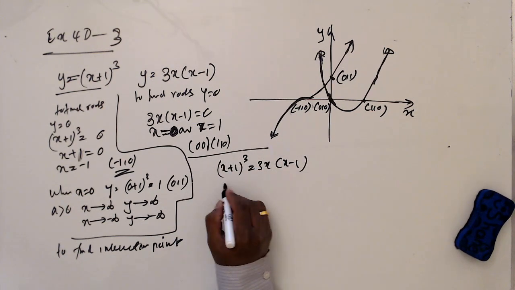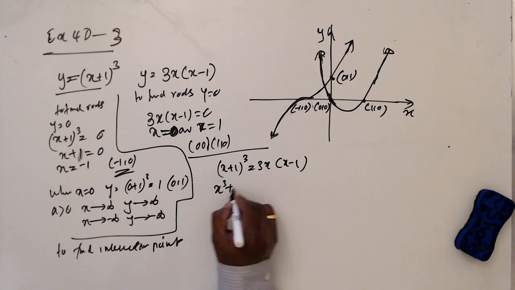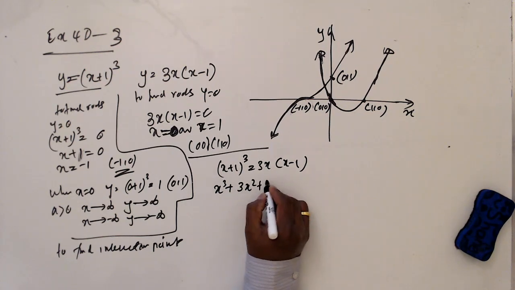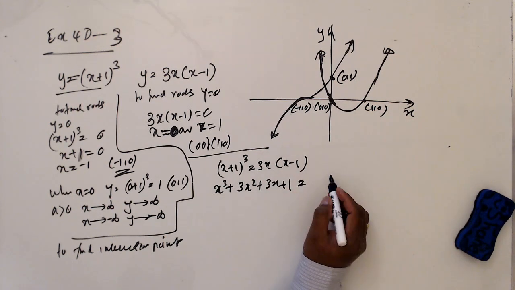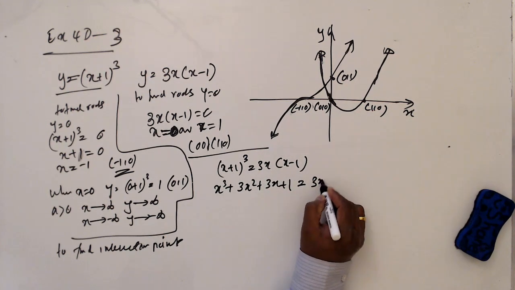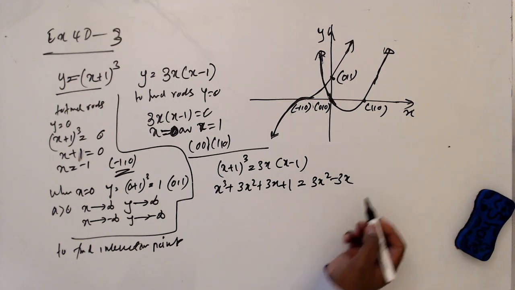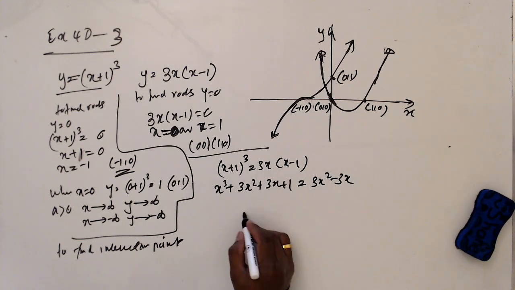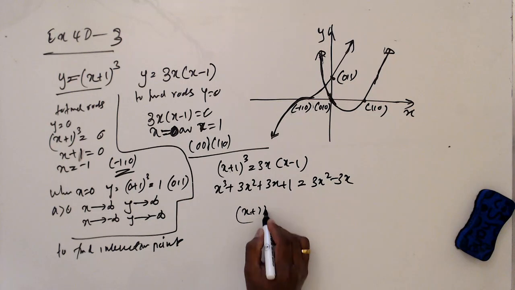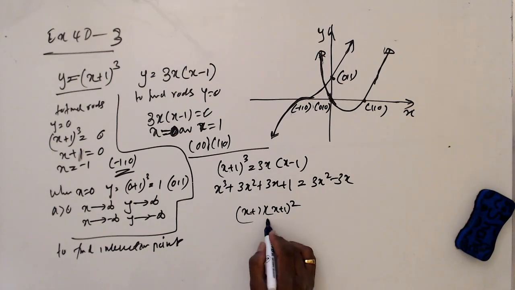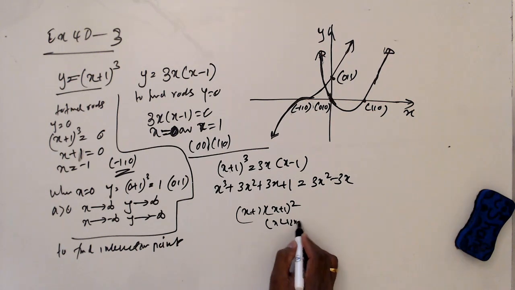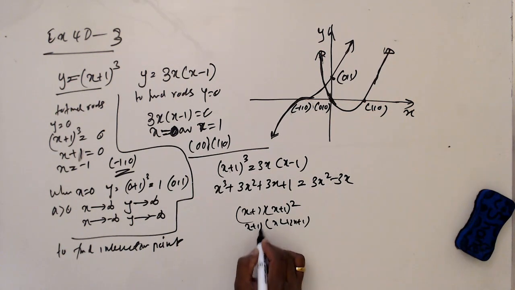Then I'll expand this one: x cubed plus 3x squared plus 3x plus 1 equals 3x squared minus 3x. You can expand (x plus 1) cubed as (x squared plus 2x plus 1) times (x plus 1).